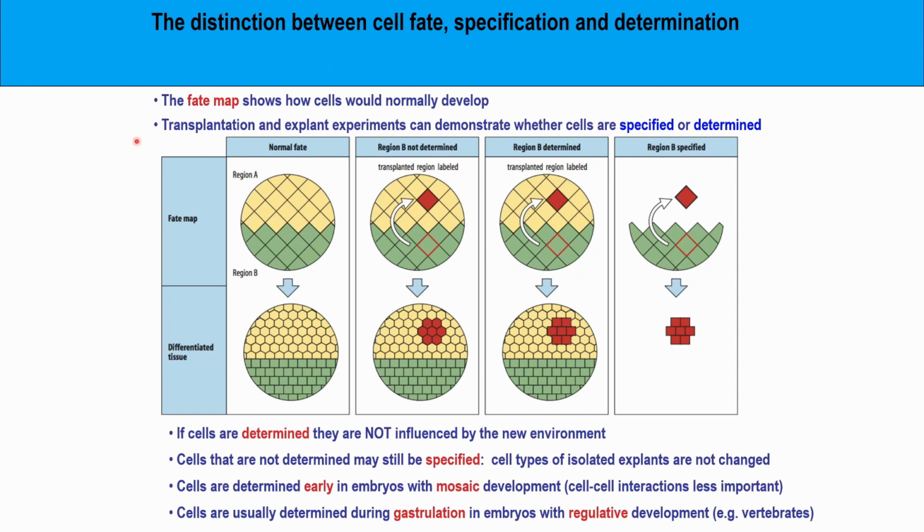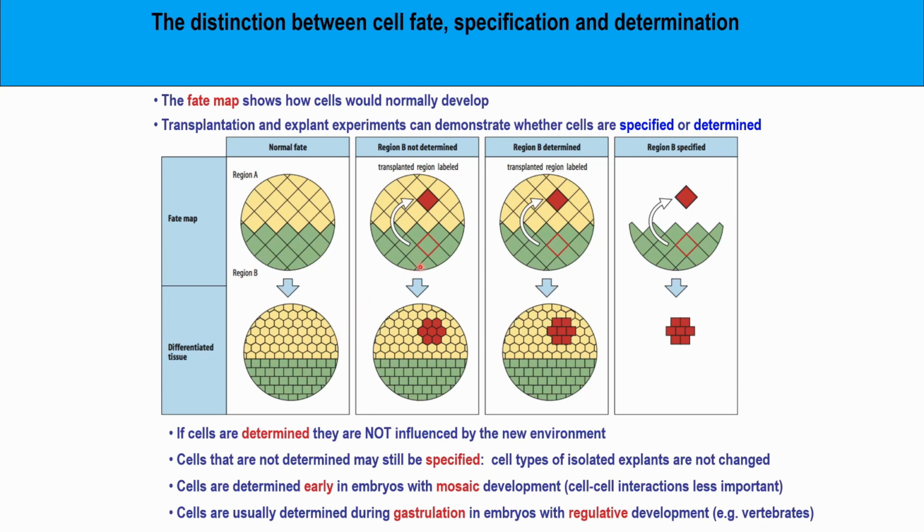Here the fate map shows how the cells would normally develop. We have yellow cells in region A and green cells in region B, and we note that in the differentiated tissue, the cells in the yellow region are hexagons, 6 sides, and they are square in the green tissue in the differentiated state.